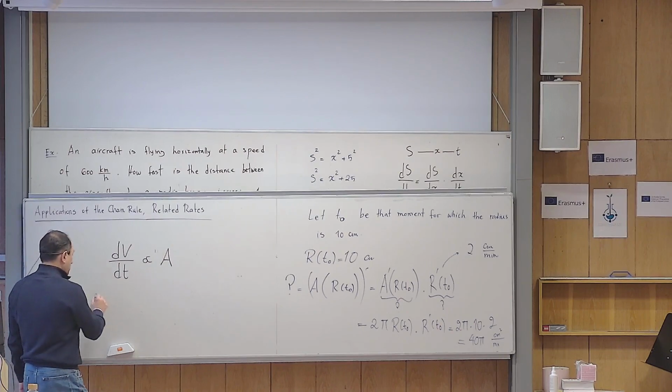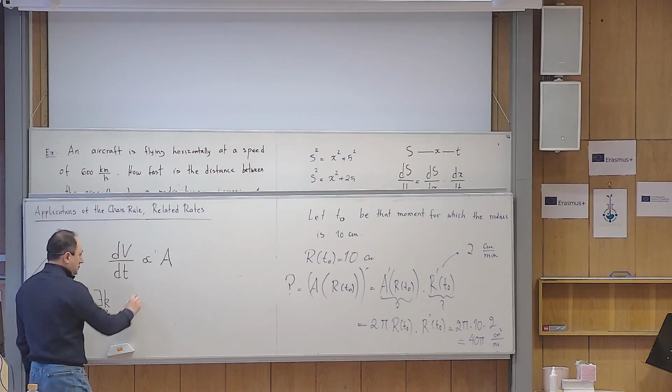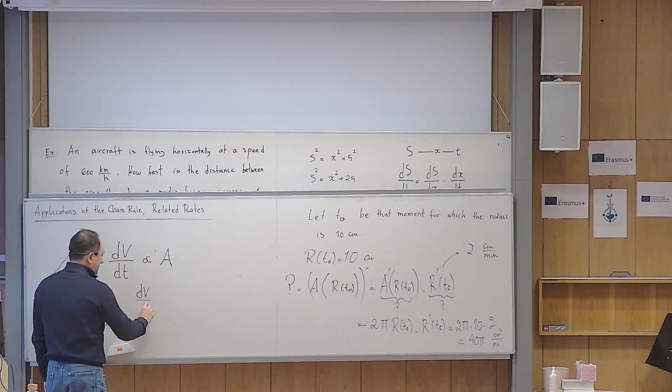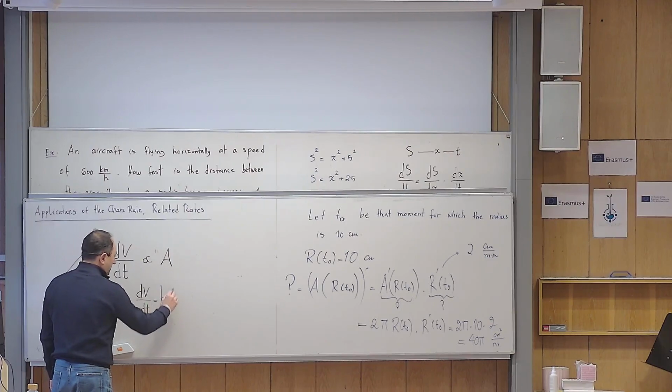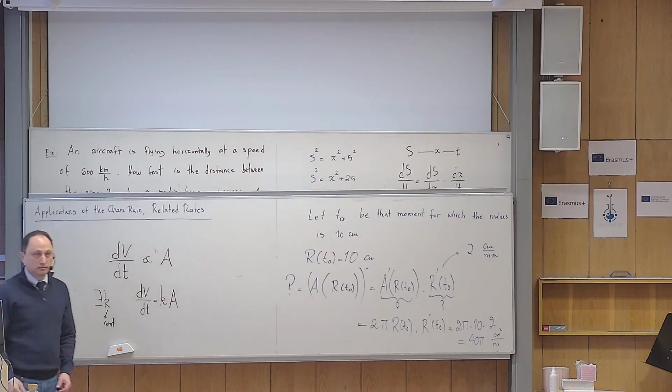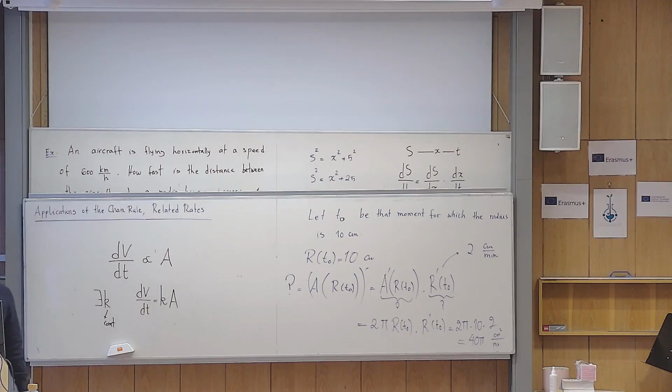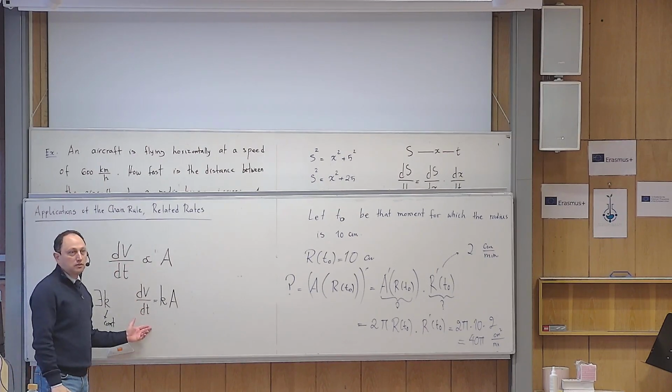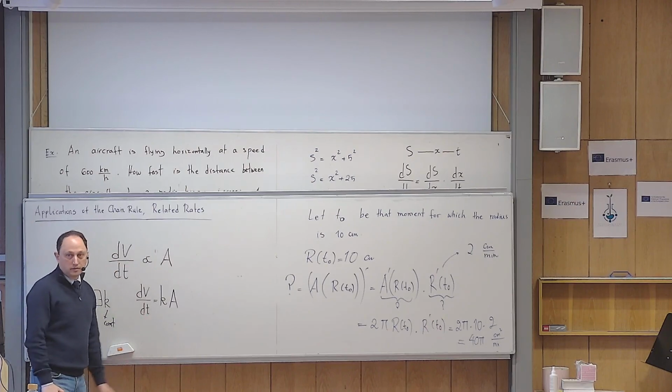It means there exists a constant K so that dV/dt is equal to K times A.